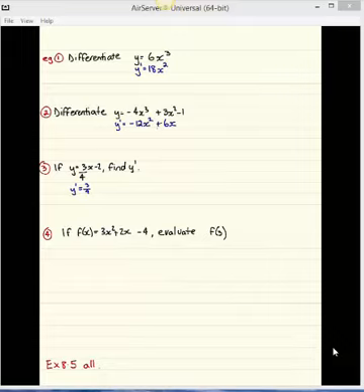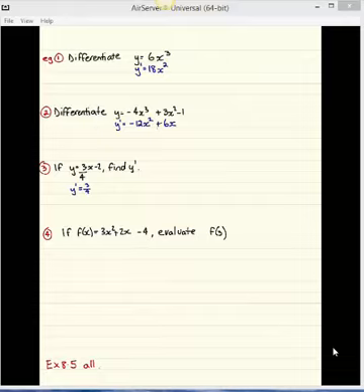Which makes sense when we talked about how we write the equation of a straight line. Whatever the coefficient of x was is the gradient, and when we differentiate, we are finding the gradient function. So you should be able to do that without your differentiation rules. You should be able to tell me, well, it's written in the form y equals mx plus b, therefore m, the gradient, is 3/4. This is just confirming what we already know.